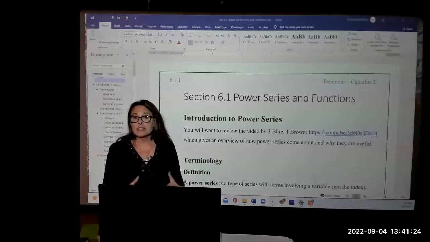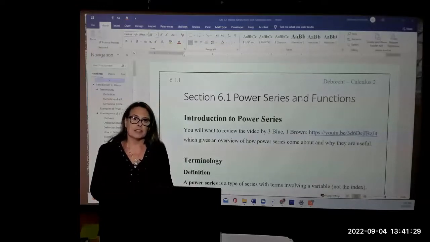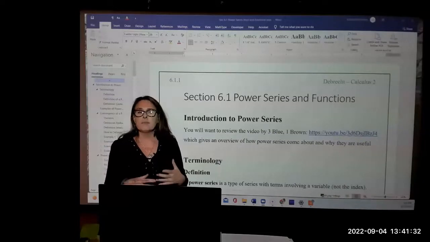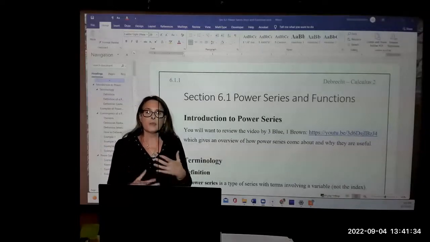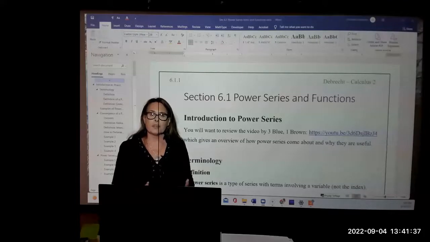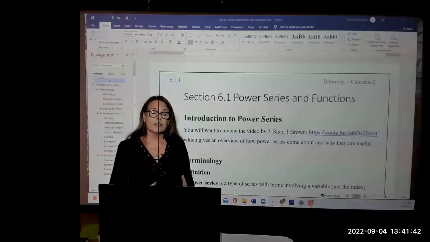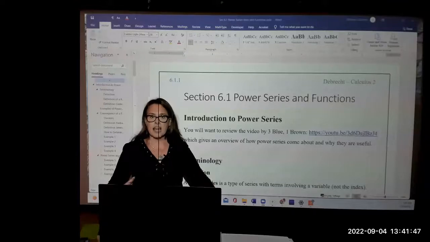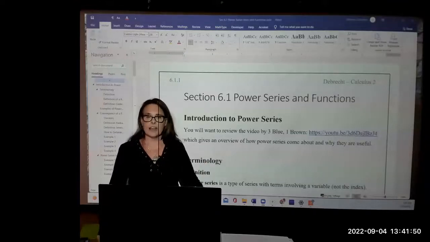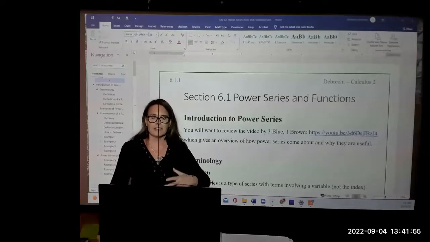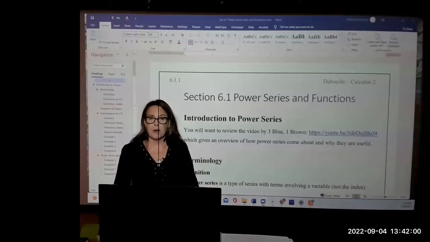Now, power series are a type of series, and of course, we can look at them as we've been looking at series in the past, but power series are a particular kind of series, and we're going to see that they have certain properties that make them ideal and fantastic for working with to approximate other functions, including the transcendental functions such as e to the x, natural log of x, sine of x, those things that we can't write down by just adding, subtracting, multiplying, dividing terms, raising them to powers, or taking roots. In other words, they're not algebraic.